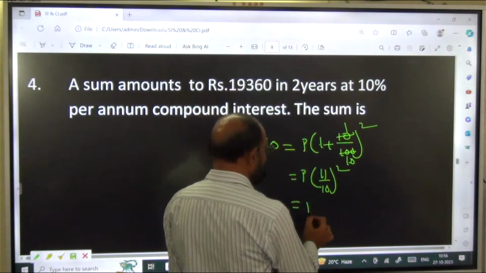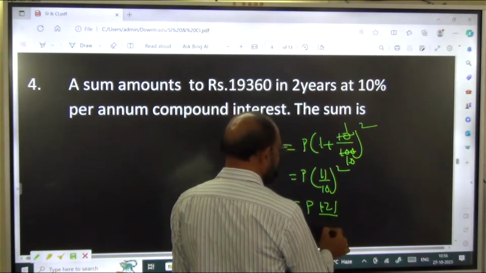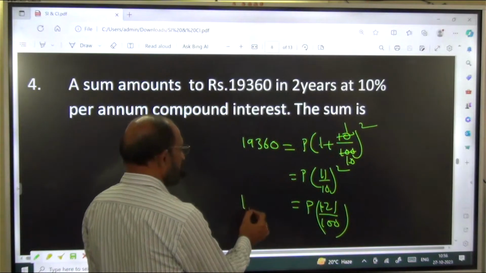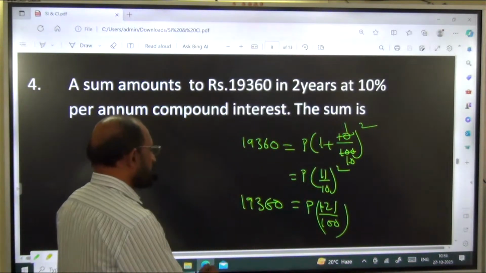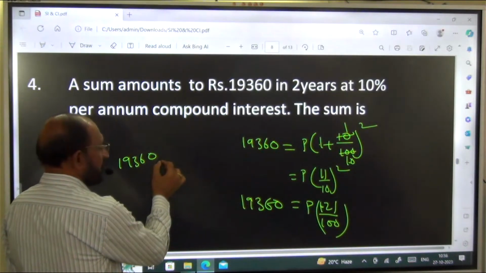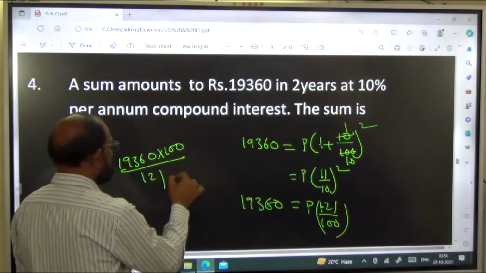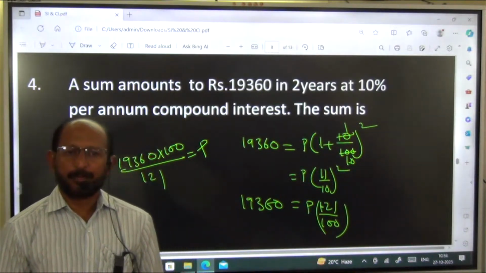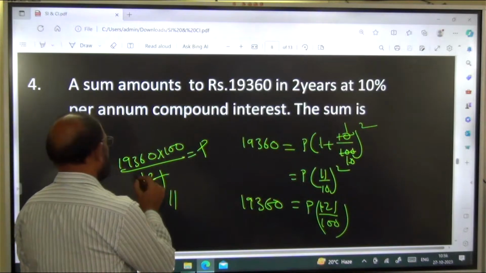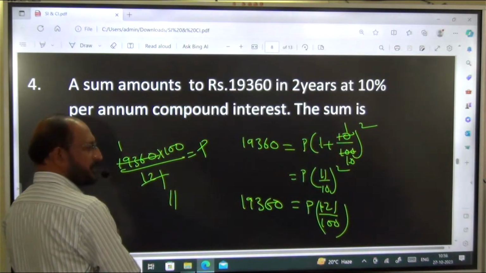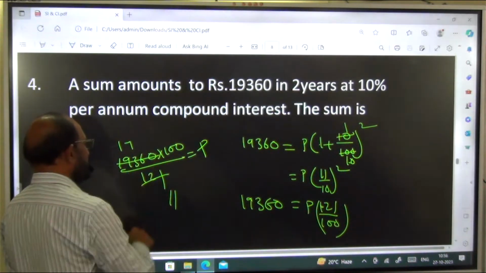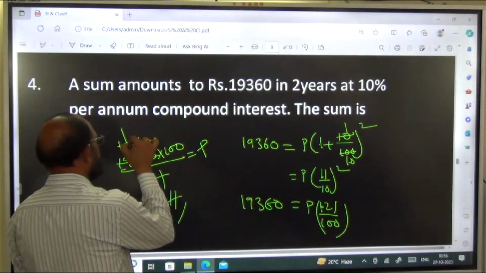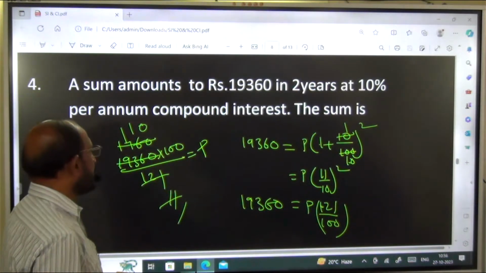Means P into 121 by 100. 19360, so 19360 into 100 by 121 is equal to principal. 11 table, 11 ones 11, 11 sevens 77, 11 sixes, 11 ones 11. What do we get?